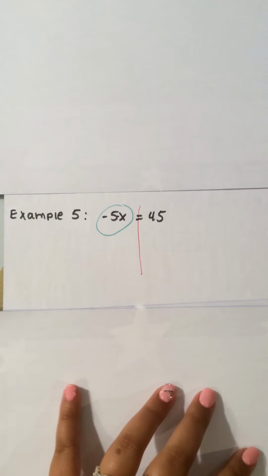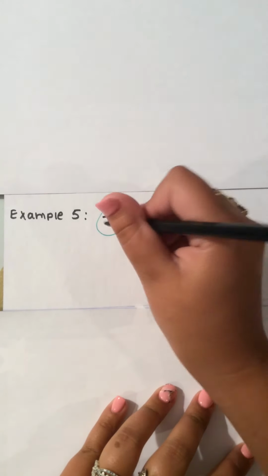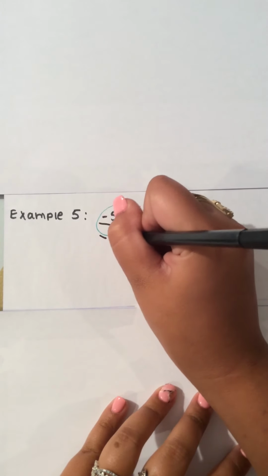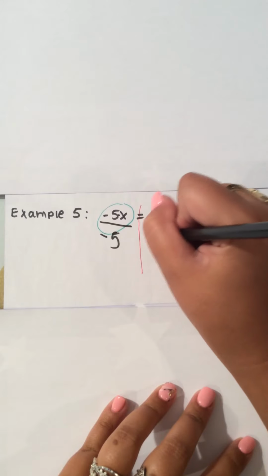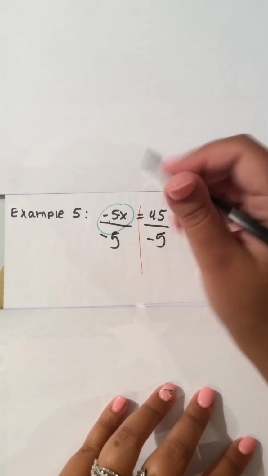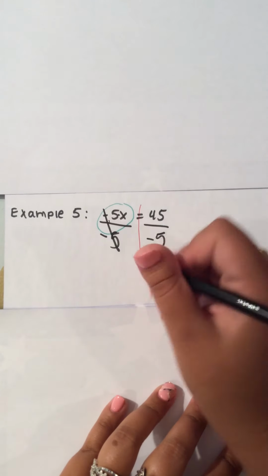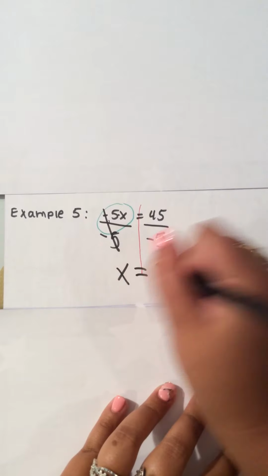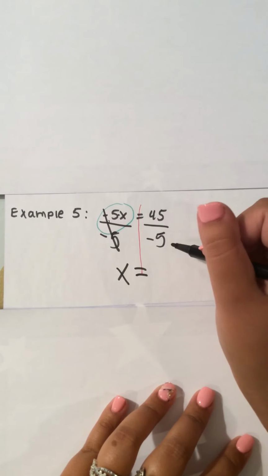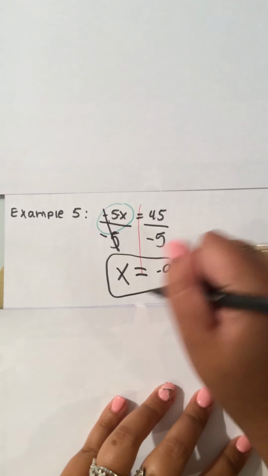Now, to undo multiplication is division. That's the inverse operation. So I'm going to divide by a negative 5. The reason why it's a negative 5 is because we have the negative up there. The negative 5s here are going to go bye-bye. They cancel out. So I'm going to have x equals, well, 45 divided by negative 5 is negative 9.